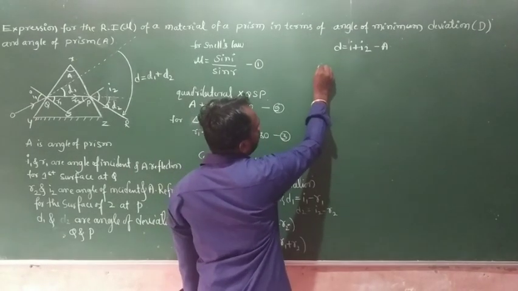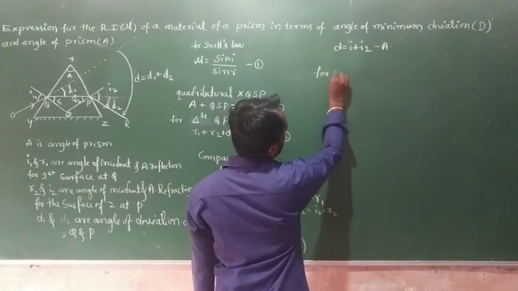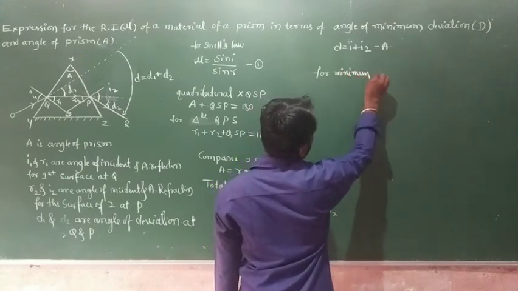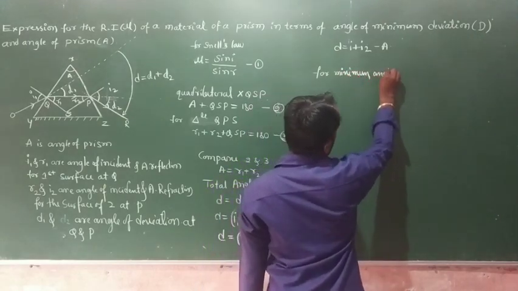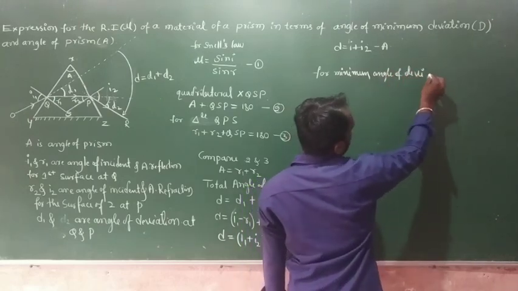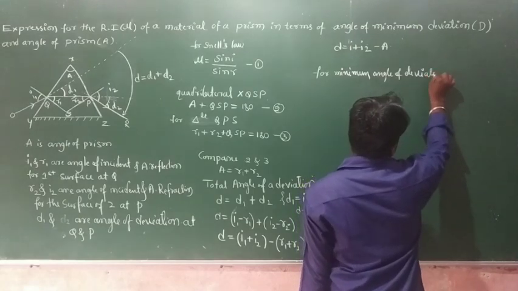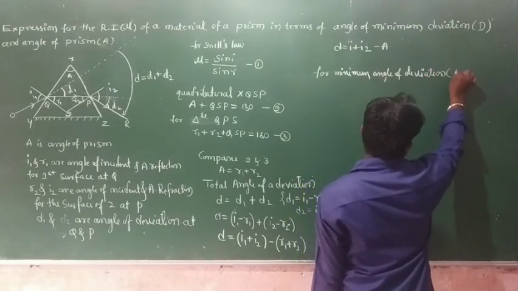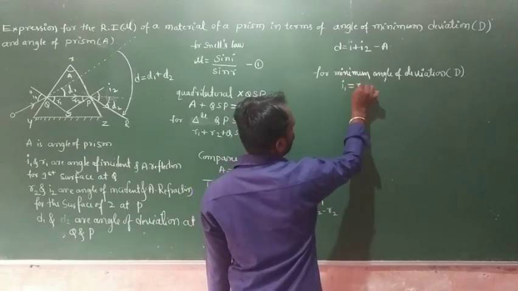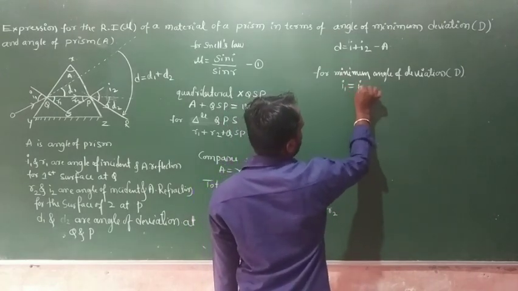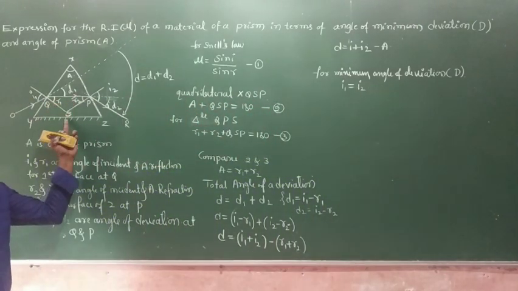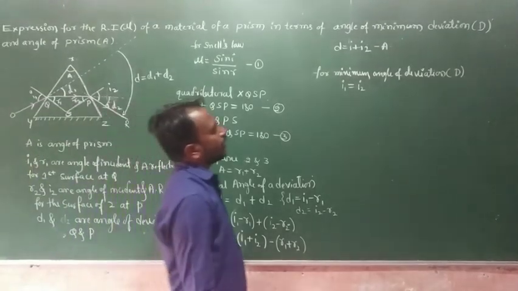For minimum angle of deviation, or minimum deviation D, I1 is equal to I2, when the refracted ray is parallel to the base of the prism.